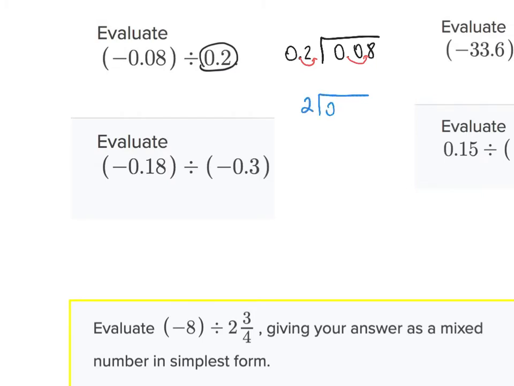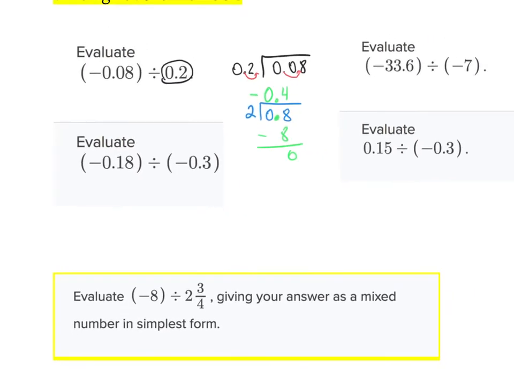So now I have 2 divided by 8/10. That goes in 4 times, but remember, if I had a decimal here, I've got to put it up top and add my 0. And what do we know about our answer? It must be negative.